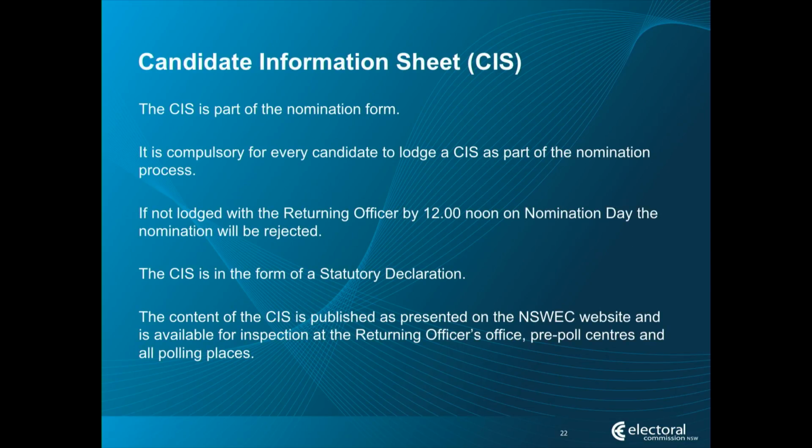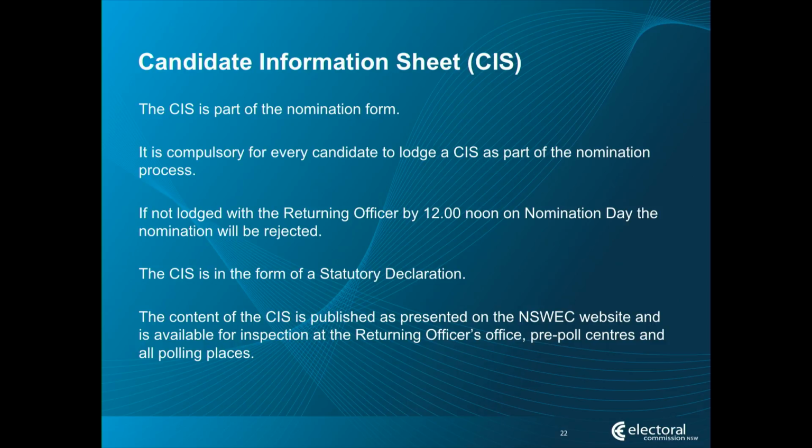Candidate Information Sheet. The candidate information sheet is part of the nomination form. It is compulsory for every candidate to lodge a candidate information sheet as part of the nomination process. If the candidate information sheet is not lodged with the returning officer by 12 noon on nomination day, the nomination will be rejected.